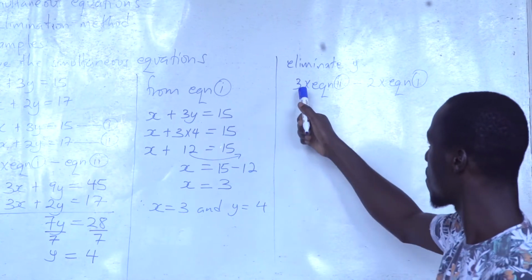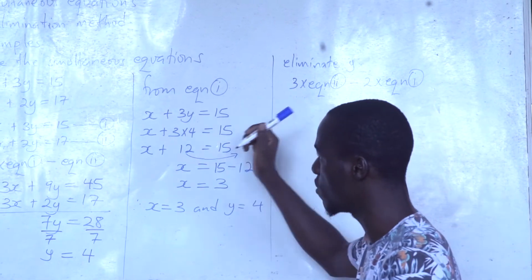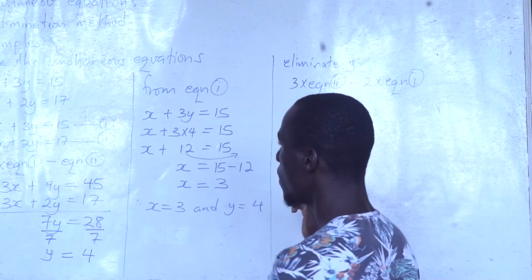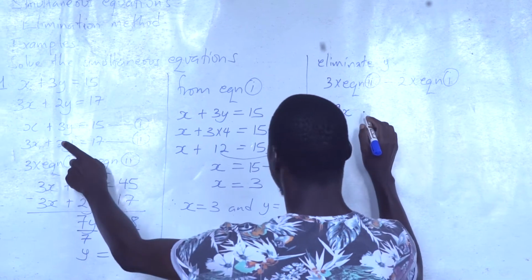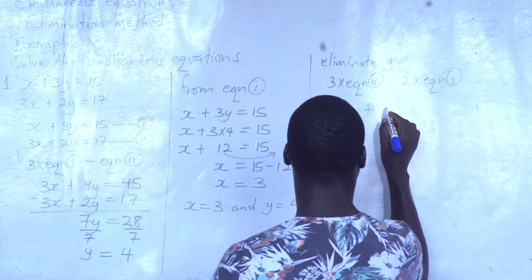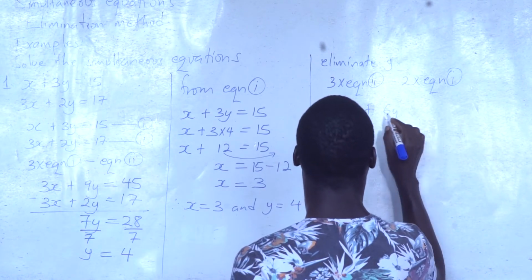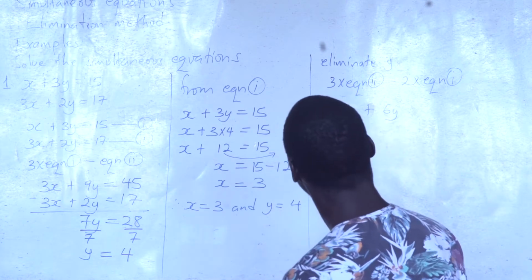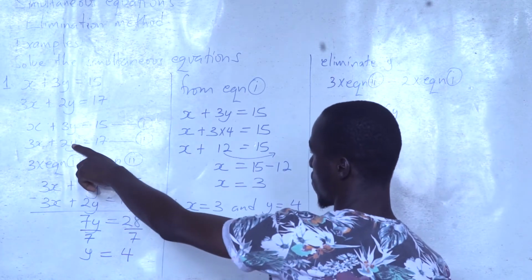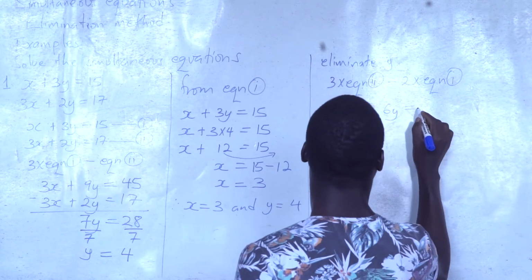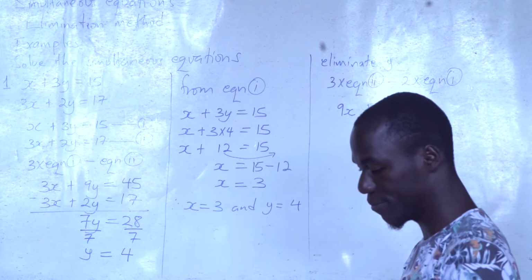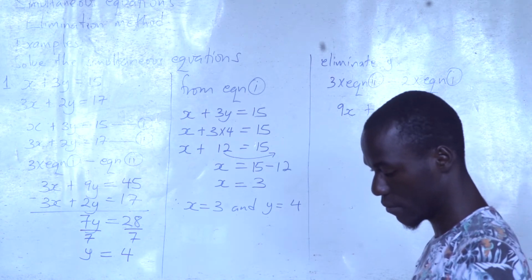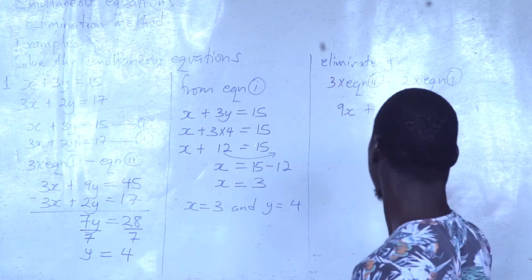So when I multiply 3 by equation 2, that one becomes 9x plus 6y, then 3 times 17, when I get my calculator, I'm getting 51.